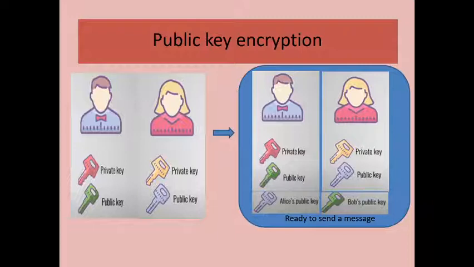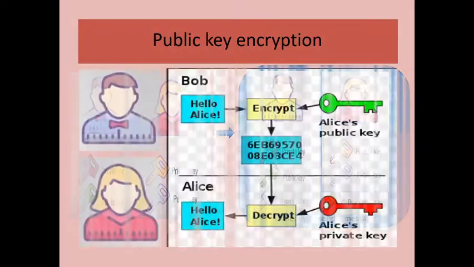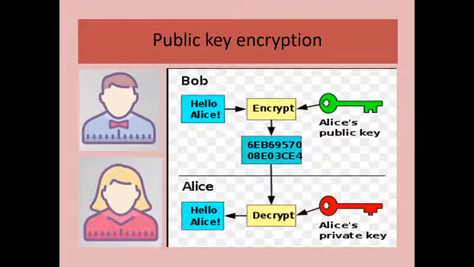Then what will happen after that? Now look at this. Now Bob is going to send this message. What is that message? Hello, Alice. Now he is going to encrypt this message using a key.